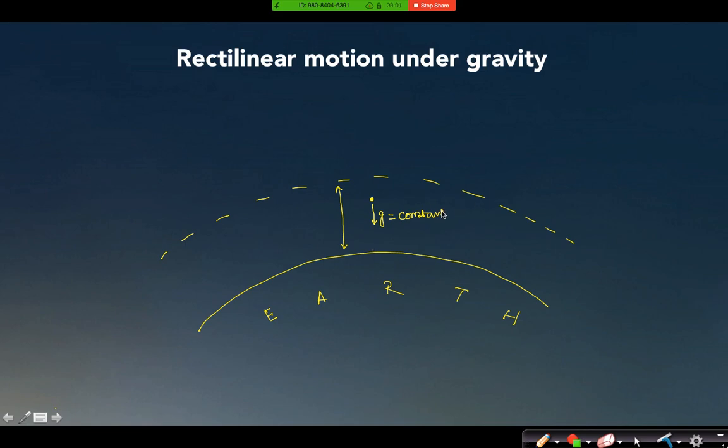But here for our calculation purpose we assume that gravitational acceleration is a constant, and the value of this constant you can take 9.8 meter per second square if it is mentioned in your question, or if it is not mentioned you can take 10 meter per second square for your calculation purpose, right?